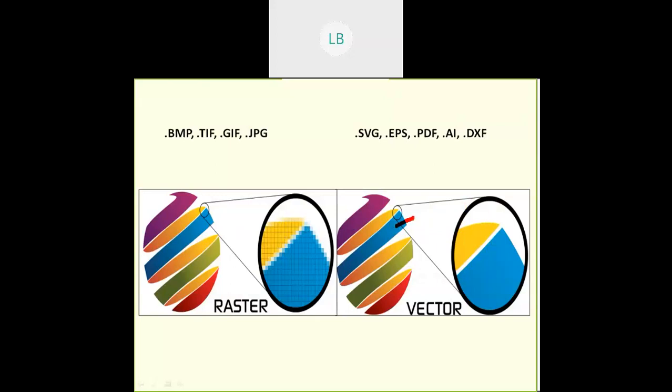Whereas in the raster image, when this portion is enlarged, it looks blurry, as a raster image is made up of pixels. As you can see here, it is made up of pixels. A small square represents a pixel. This is a pixel.